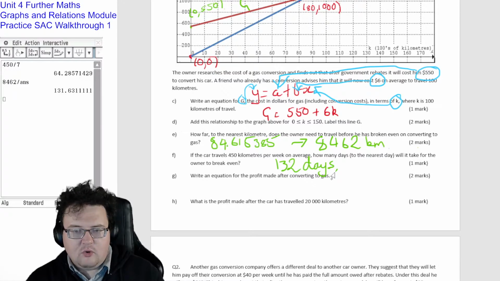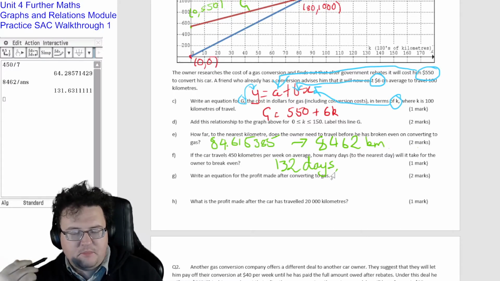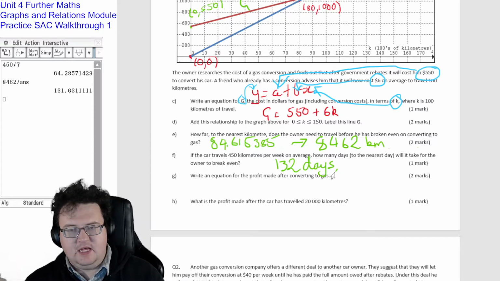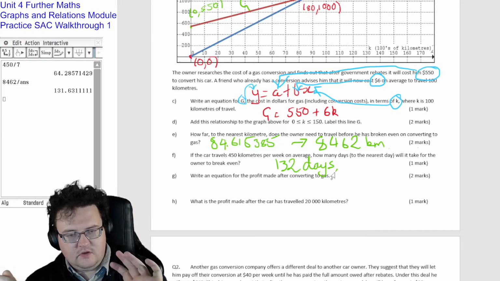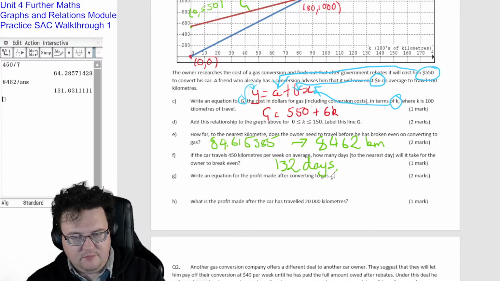Next part. Write an equation for the profit made after converting to gas. Now remember, the profit is going to be the difference between two equations. So for converting to gas, we're going to take the cost of the gas and subtract it from the cost of the petrol.